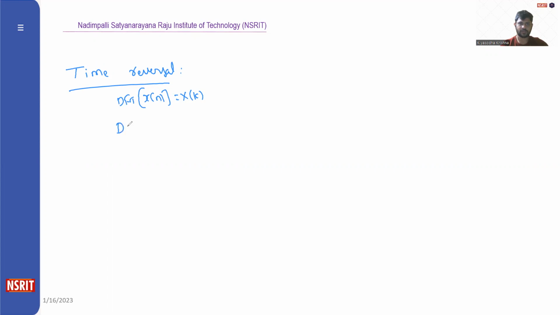Now the concept is the DFT of the time reversal, that is x of minus n, and we know that it is simply x of capital N minus n. It is nothing but simply, what?